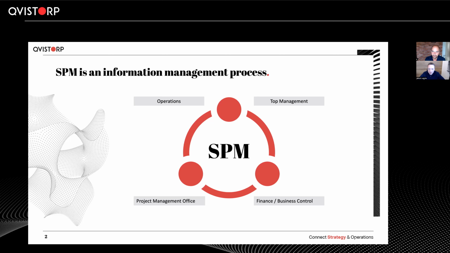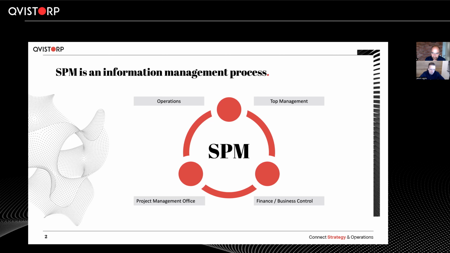So starting from top management, who creates the strategy, who says where should we go, what kind of directions the company should take. Operations, who then fulfill these strategic directions with proposals, strategic initiatives, and then the back office functions, project management office responsible for project execution, and finance and business control to support the economic viability of the project.